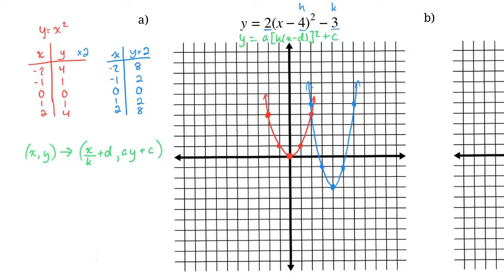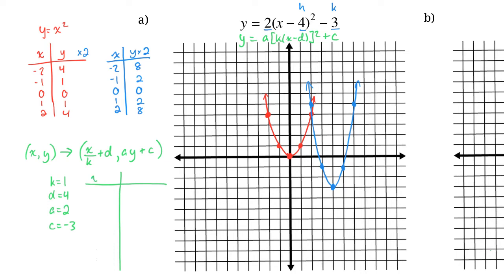So in our quadratic equation, k is 1, it will not affect anything. d is 4. Our a value is 2, and c is -3. So if we want to create a new table of values, we need to apply all of those changes to the original values in the parent function.